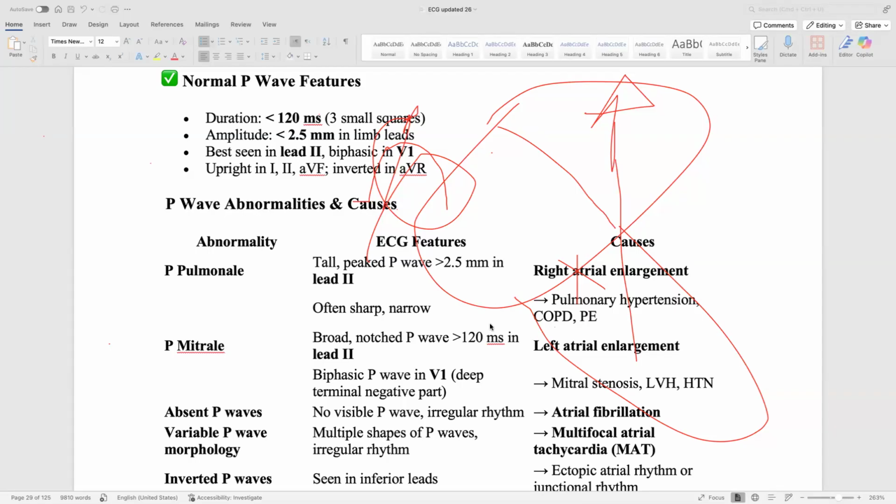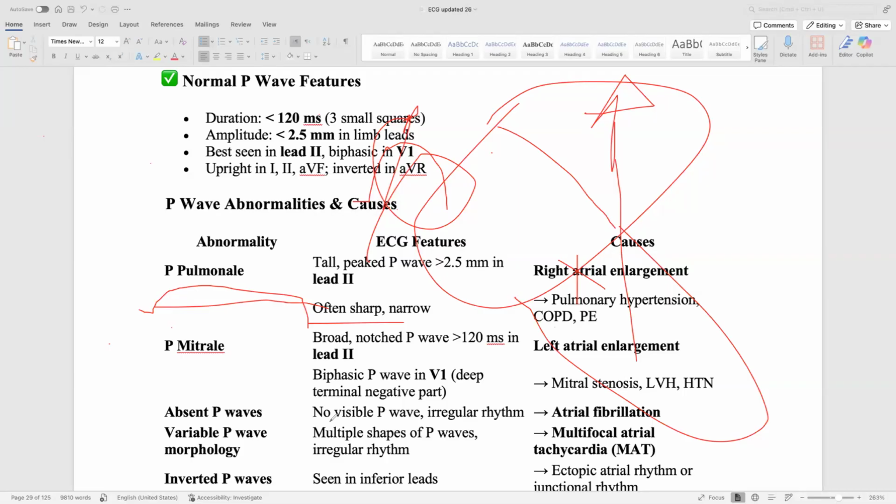This is if the P wave peak is large. Now, if the P wave is broad, the problem is not in the amplitude. The problem is in the time. So take time. Broad means the left atrium is enlarged.